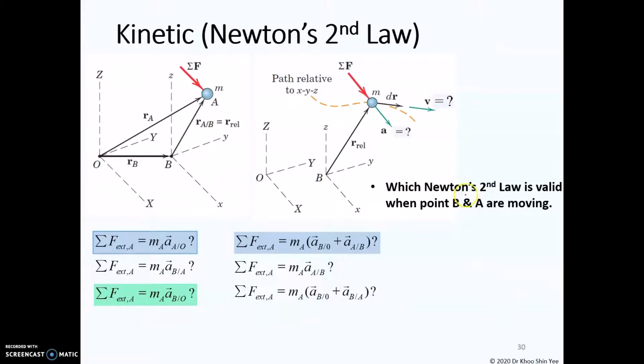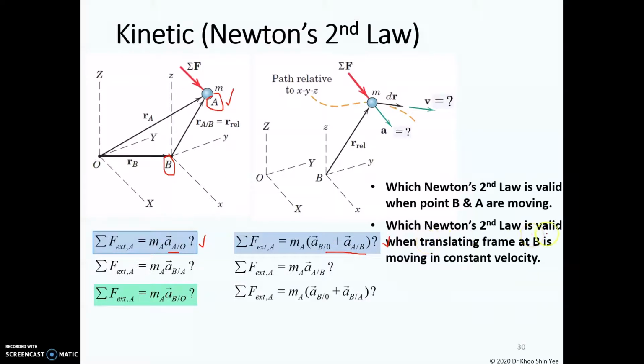More specifically, which Newton's second law will be valid when points B and A are moving? So these two points are moving. Which one will be valid? The answer will be these two equations, because the acceleration that you obtain for the mass A here is an absolute value.